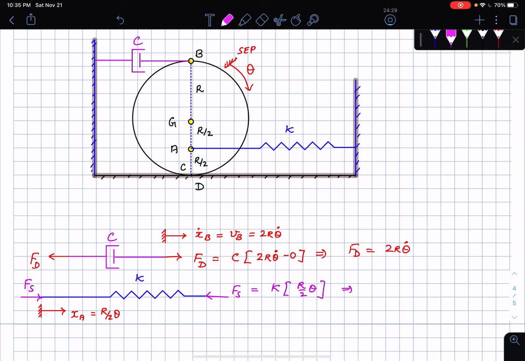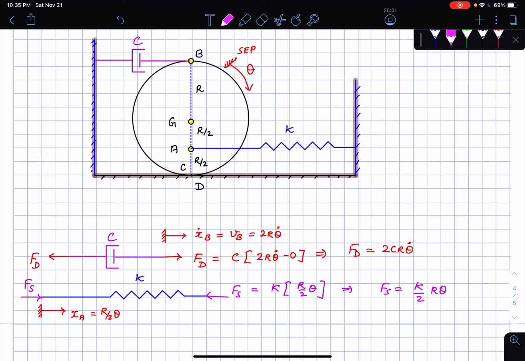And I forgot to put the damping constant here. I'm sorry about that, I should have noticed it. Something was missing here, so I just caught it now. So it is 2 times c times r times theta dot, and this is going to be k by 2 r times theta.